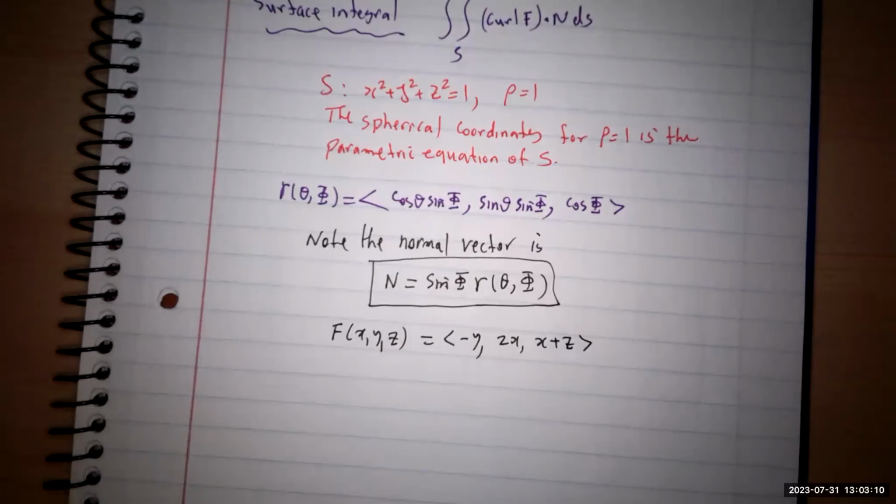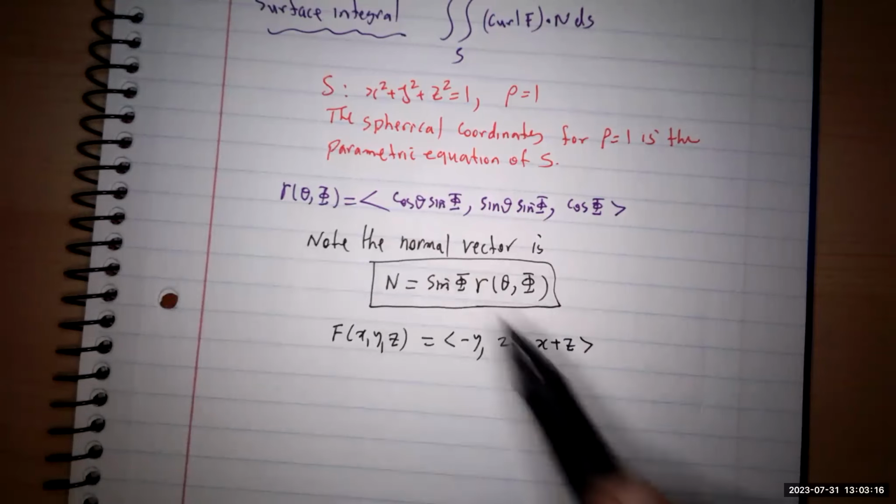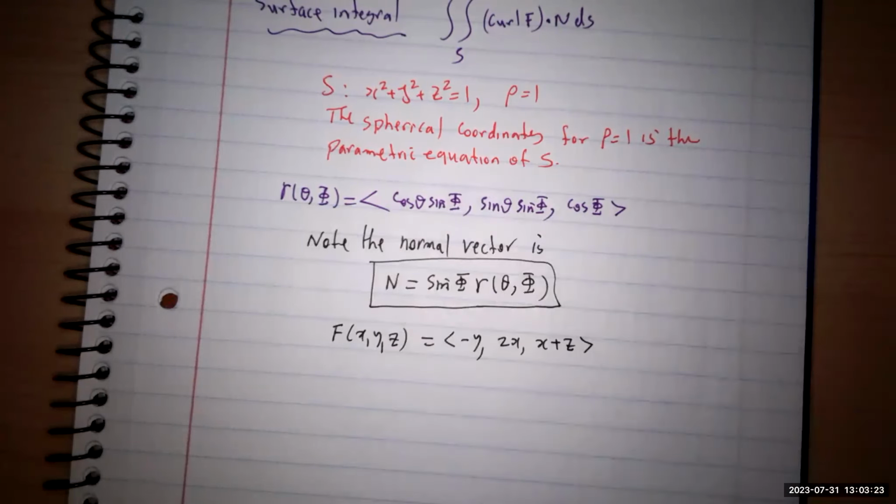So you can find the curl of F, then evaluate it at the x, y, z that you have on your function, just to put them together.